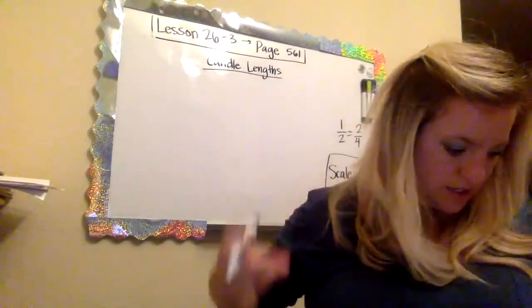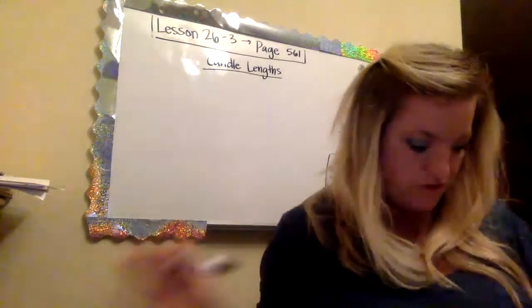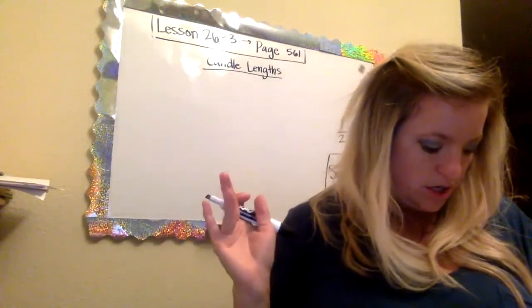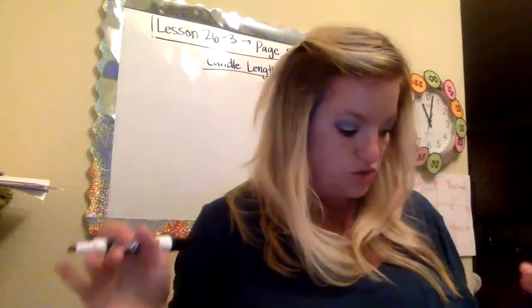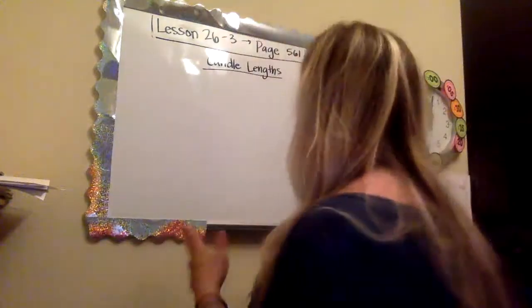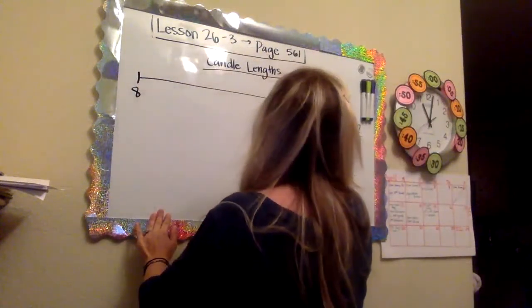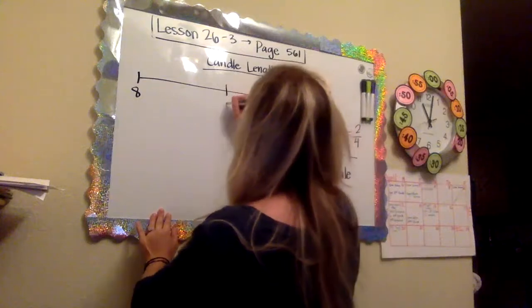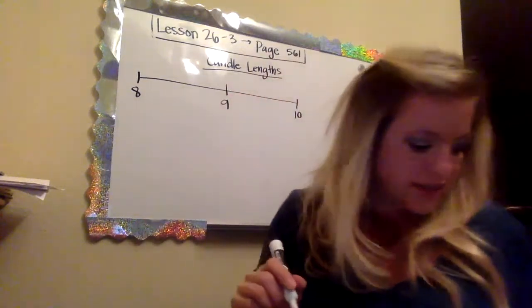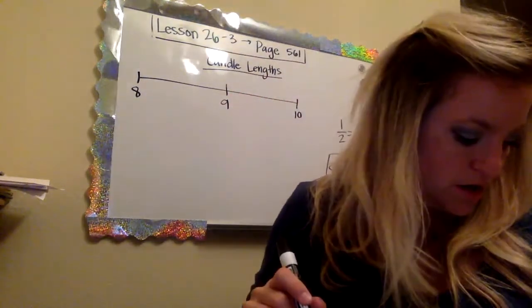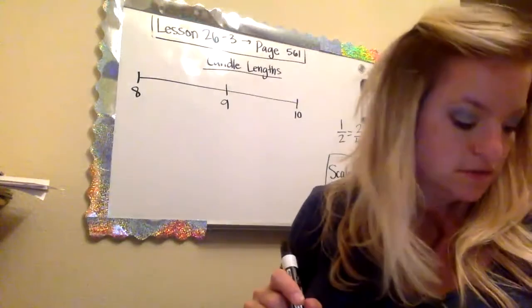All right. Now they've given you your range. You're going from 8 to 10 on the line plot. Halfway through is 9. And then the scale, if I look at the board, is fourths.